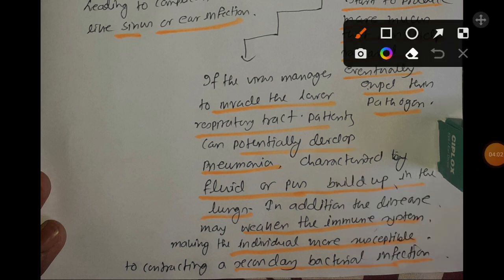That is the reason why a person who has developed pneumonia is at high risk of developing a secondary bacterial infection, and that is what we discussed when we talked about the symptoms of the influenza virus, right?